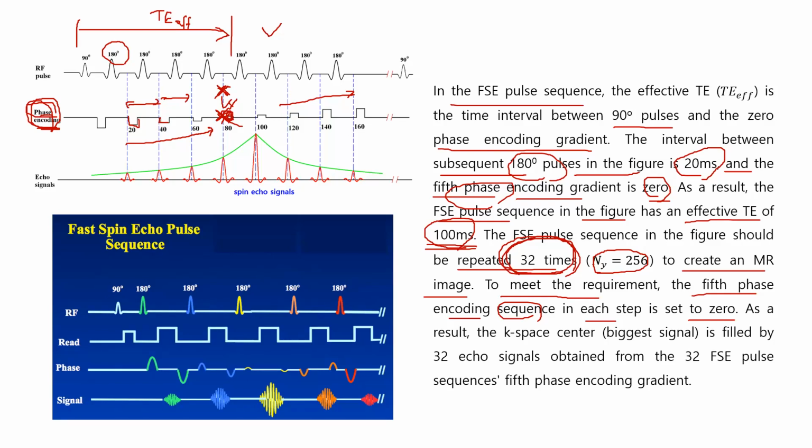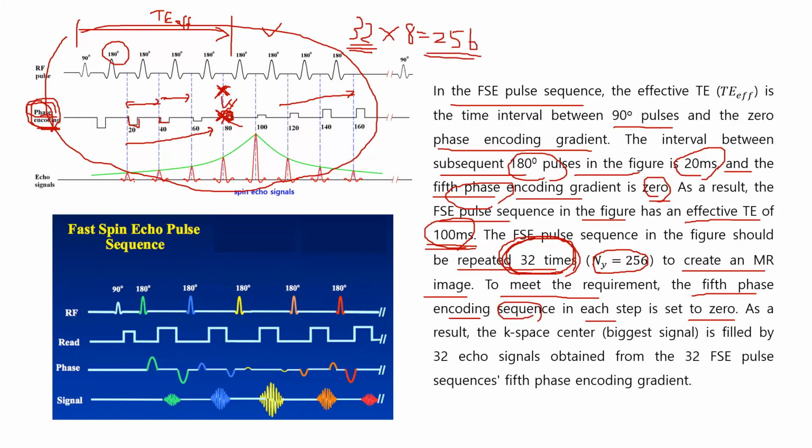So for obtaining one MR image, we have to do this process 32 times, because in one process we can have 8 MR signals, so we have to repeat 32 times, then we can get 256 MR signals to fill the K space.